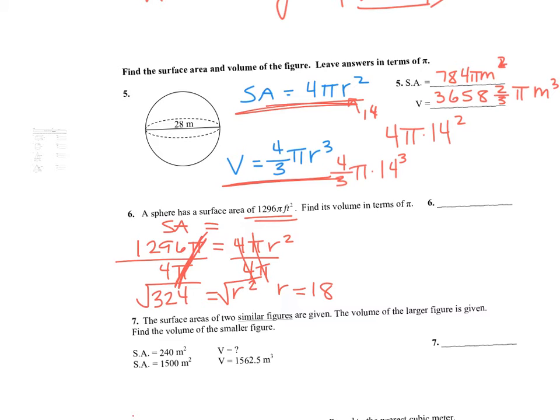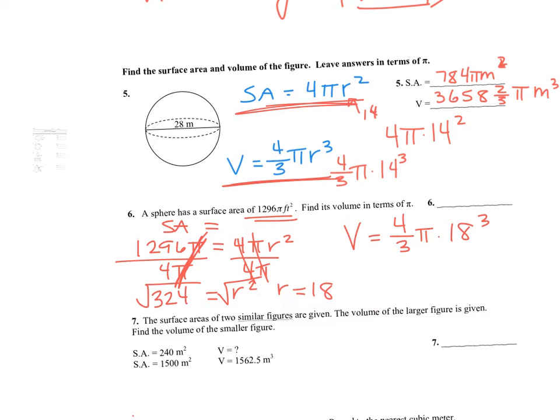Okay, what's next? Then you plug it into the volume formula. So we're going to take that 18 and say volume equals 4/3 times pi times 18 what? Cubed. Okay, make sure you cube that one.